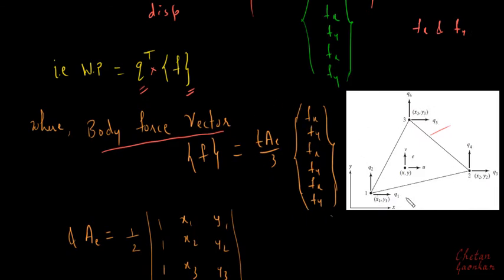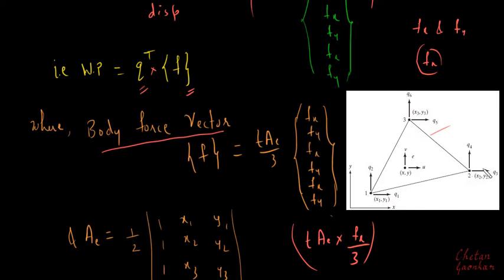So at this node, the distributed body force component will be T, that is the thickness of the element, multiplied by the area of the element, that is basically the volume of the element. Volume of the element multiplied by one third of the body force in x direction will be applied at this node, at this node, at this node. So whatever is our body force term fx, we will divide it by 3, and multiply it by volume, and apply it in x direction at all three nodes.